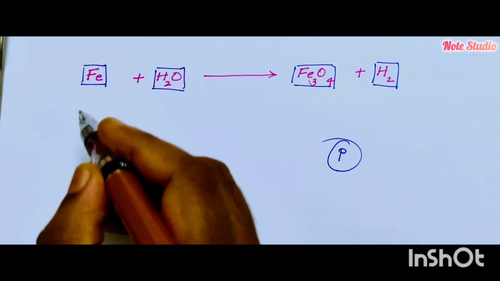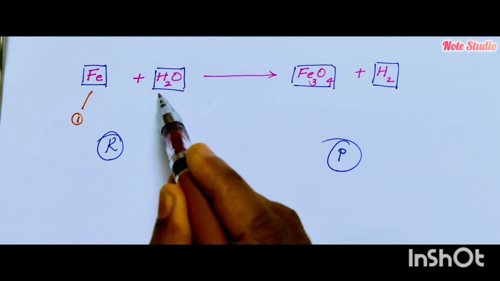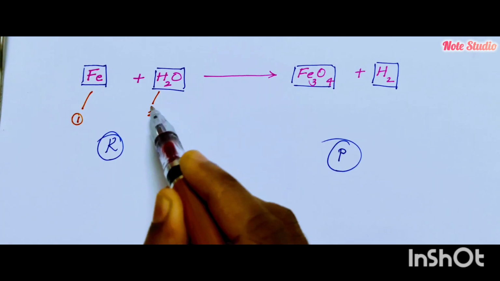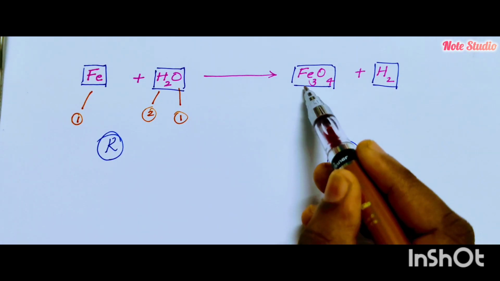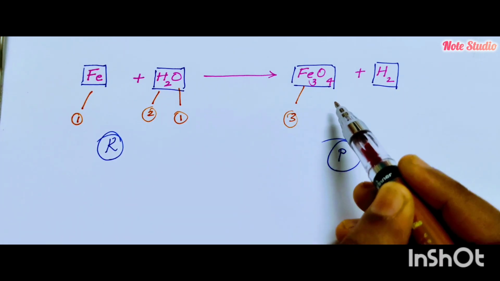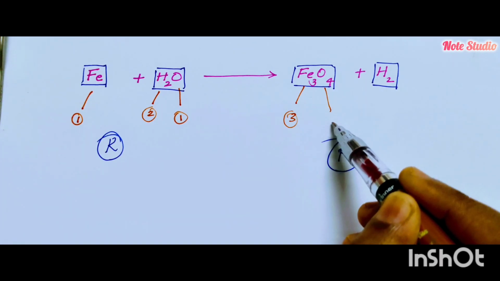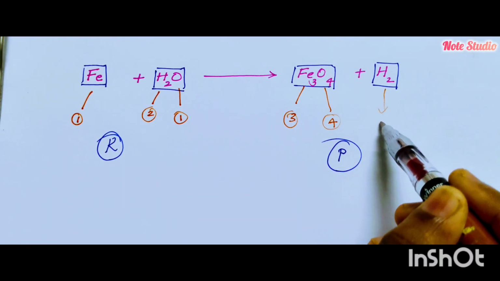How many iron atoms are present? 1. Hydrogen 2. Oxygen 1. Iron in the product side 3. Oxygen 4. Hydrogen 2.